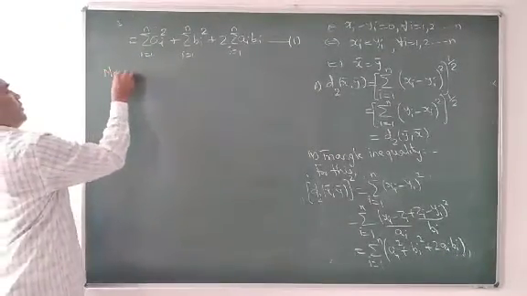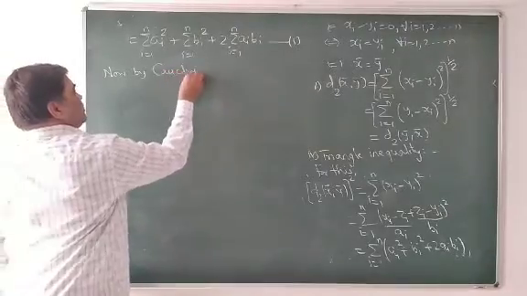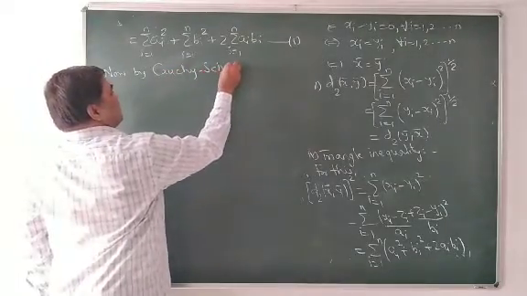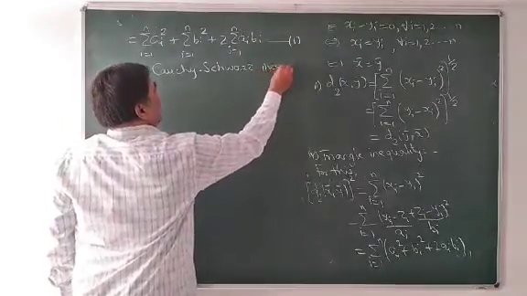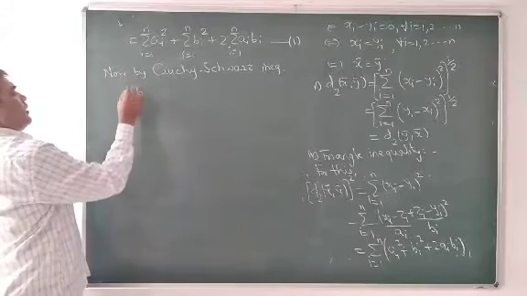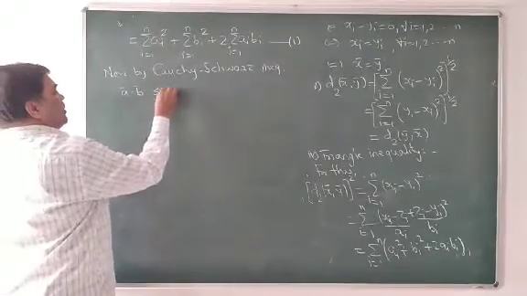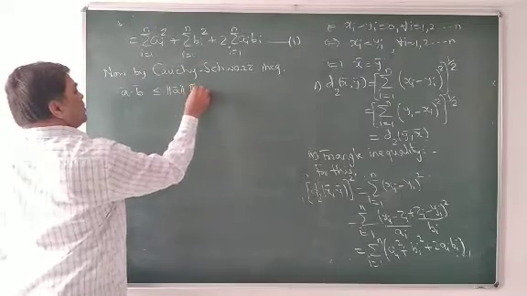Now by Cauchy-Schwarz inequality, a bar dot b bar is less than or equal to norm of a bar into norm of b bar.